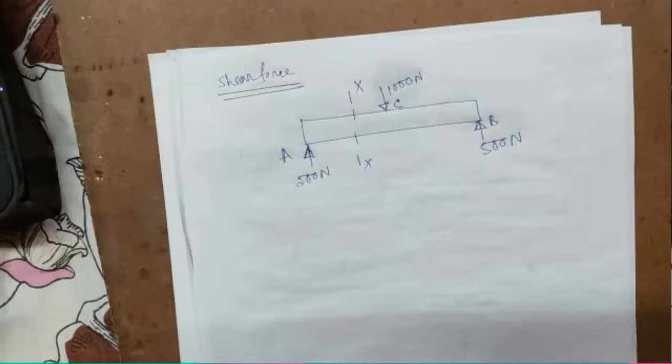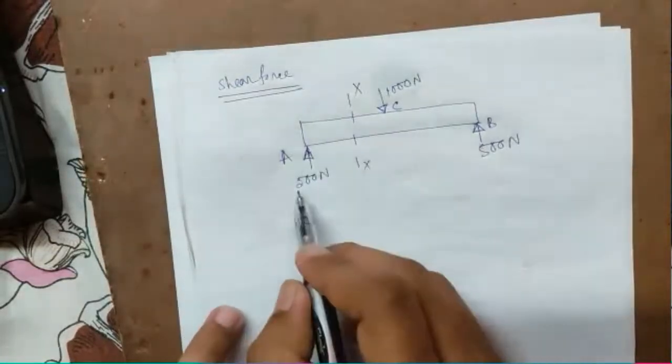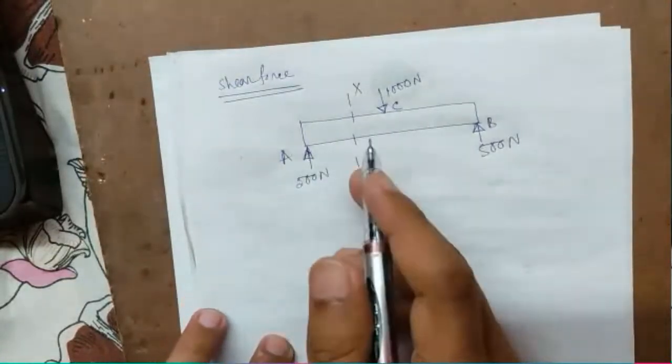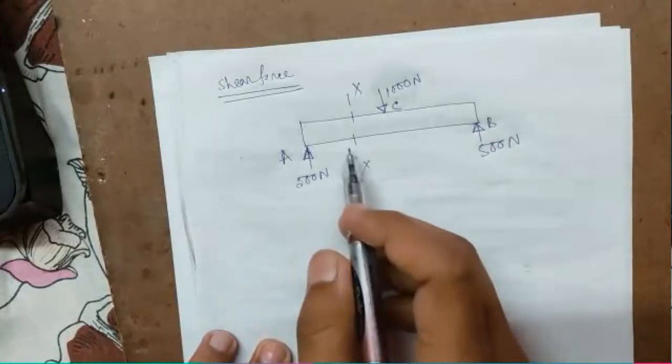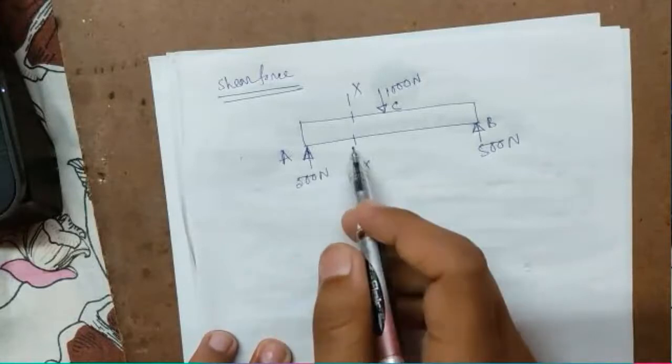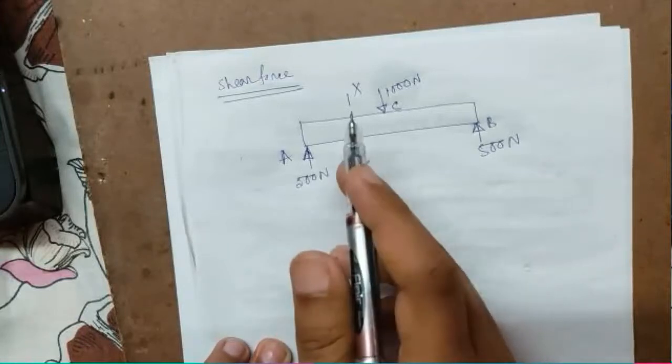Now, if you take the left hand side, the resultant force to the left of the section is, you see, there is no other force except this one force, 500 Newton upward. So on the left hand side, the shear force is 500 Newton upward.